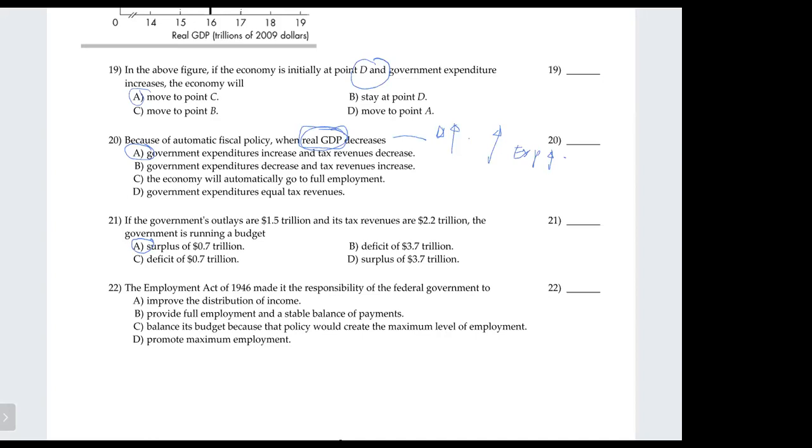It only happens for a few years during Clinton's administration. 22. The Employment Act of 1946 made it the responsibility of, okay, so you can ignore these questions, but if you are curious, the answer is going to be D.